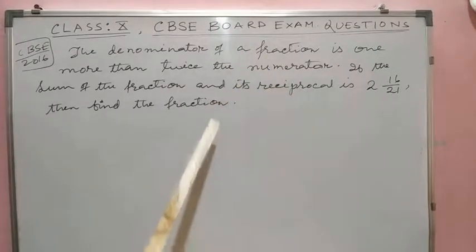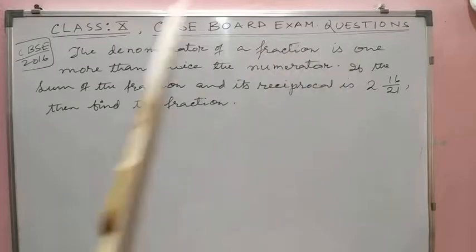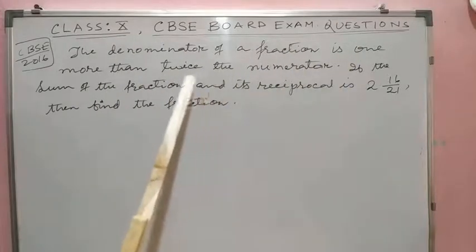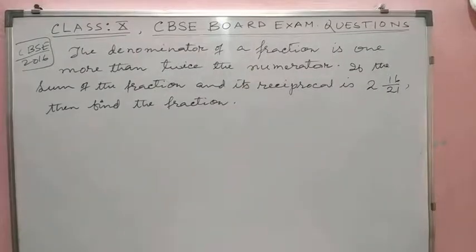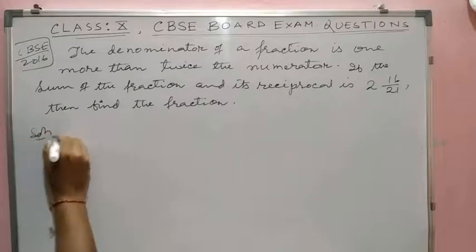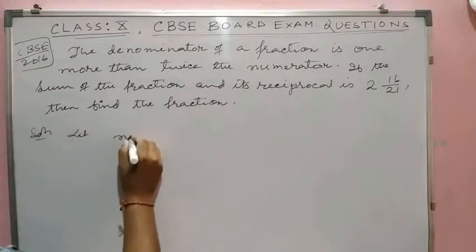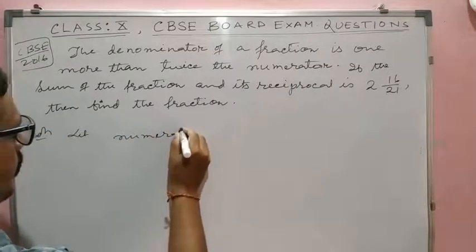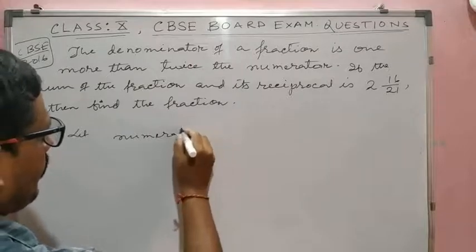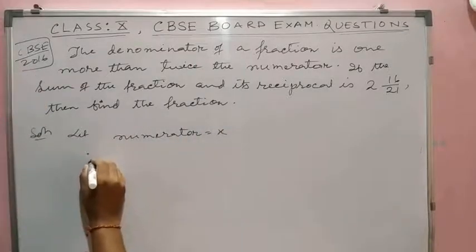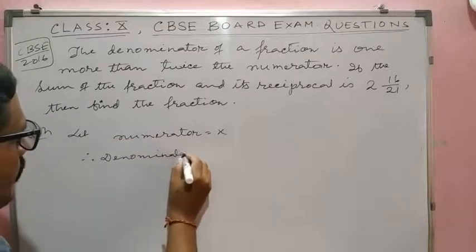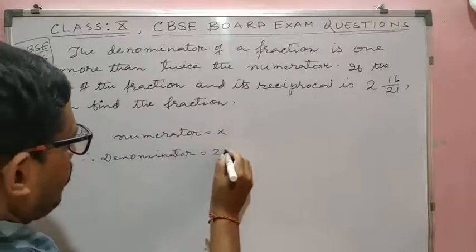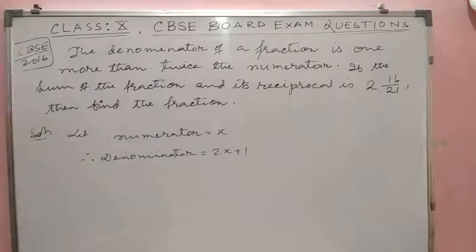Numerator is x, then denominator will be 1 more than twice the numerator. That is, it will be 2x plus 1. So you see, let numerator equal to x. Therefore denominator equal to 2x plus 1.